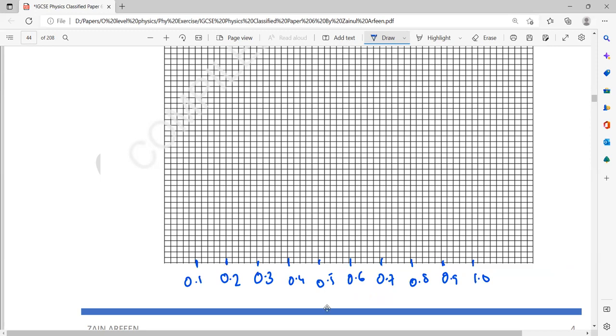So I have the axis. Yeah, each is representing 0.02 Newton for one block.